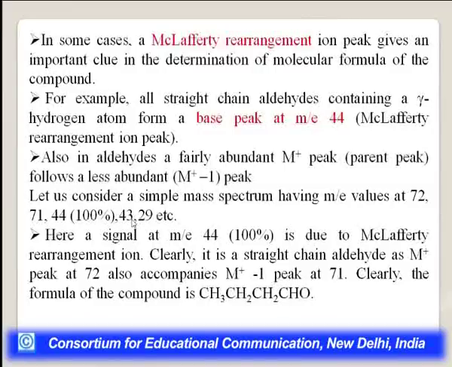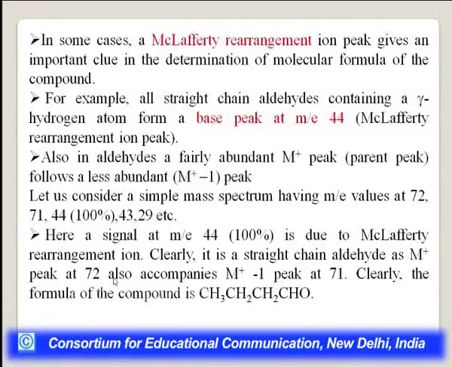Other values are 43 and 29. So we have discussed this line 44, at 100% relative abundance, which is definitely due to the McLafferty rearrangement ion in a straight chain aldehyde containing a gamma hydrogen atom. And you can also say that it is a straight chain aldehyde.